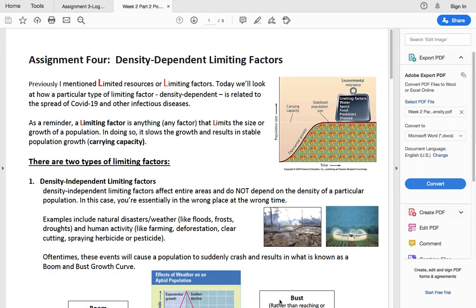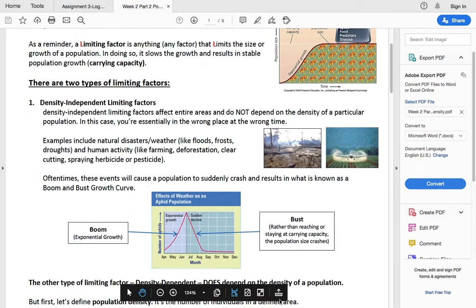As a reminder, a limiting factor is anything or any factor that limits the size or growth of a population. In doing so, it slows the growth and results in a stable population growth or a stable carrying capacity.